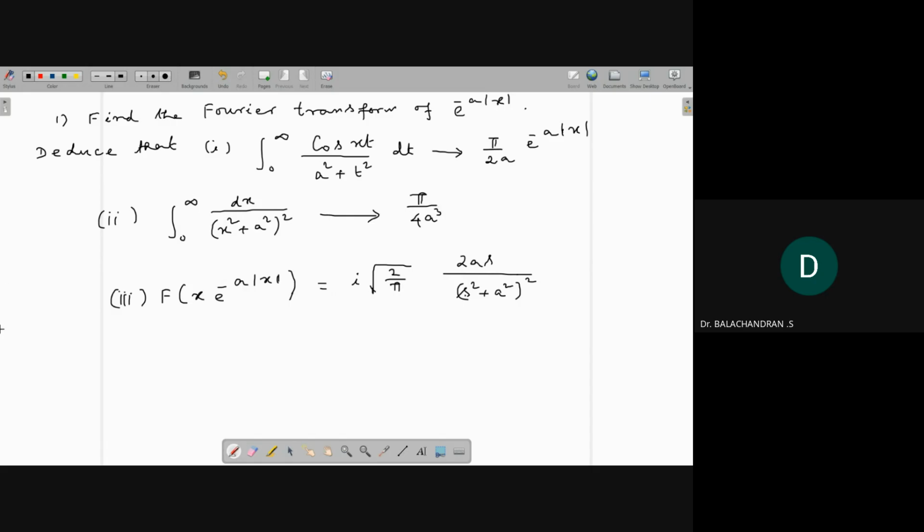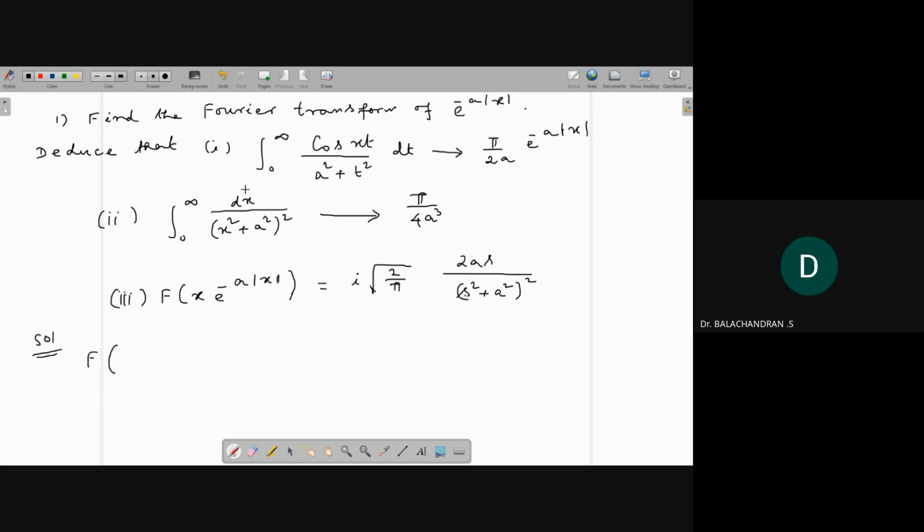Now the solution. I'll start the solution. First, write the definition of the Fourier transform of f of x.